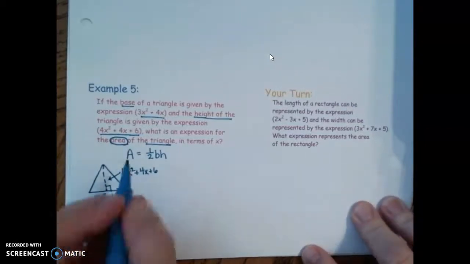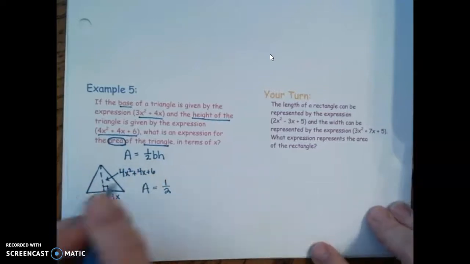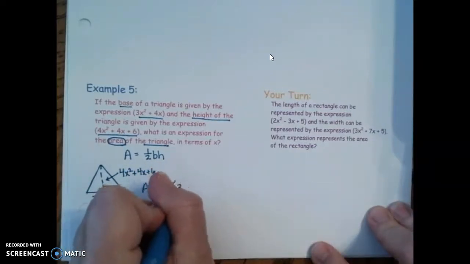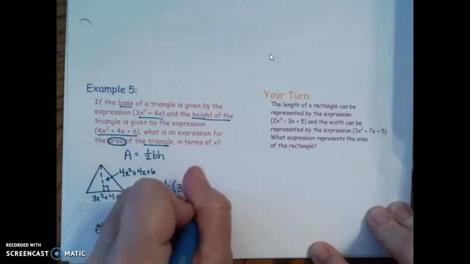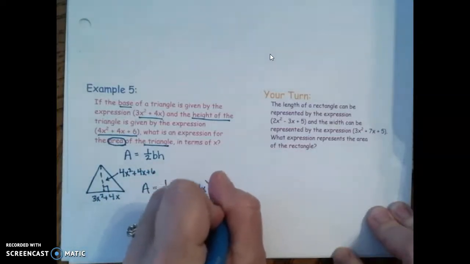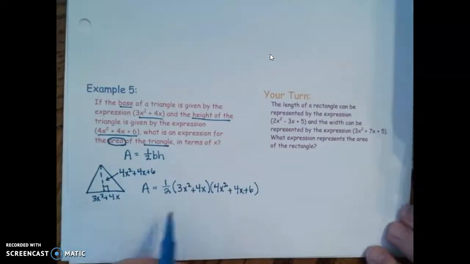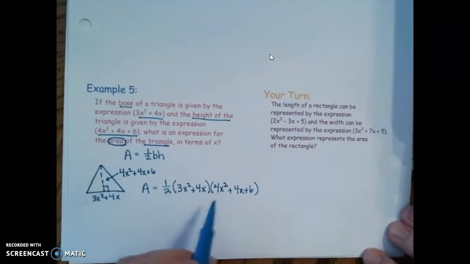So the first thing I'm going to do is just sub into that formula. So 1/2 times our base of 3x squared plus 4x times our height of 4x squared plus 4x plus 6. So you can see we end up having a binomial times a trinomial.